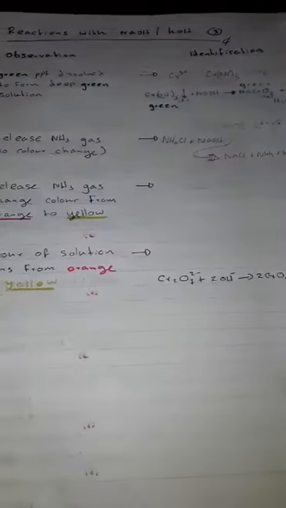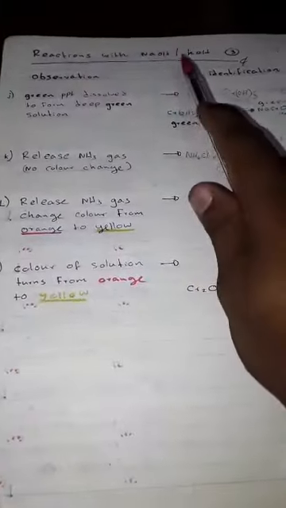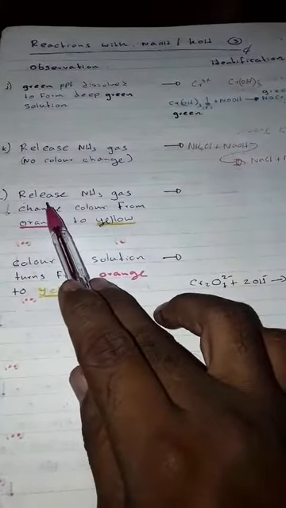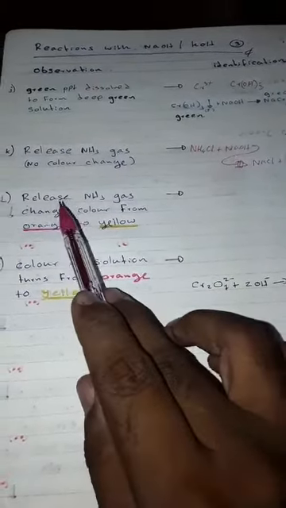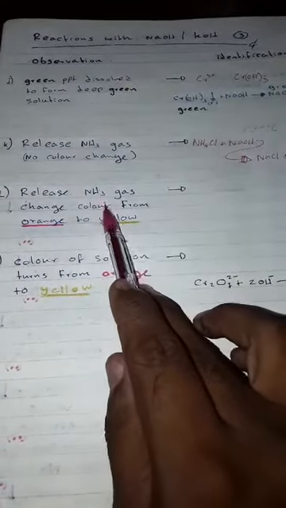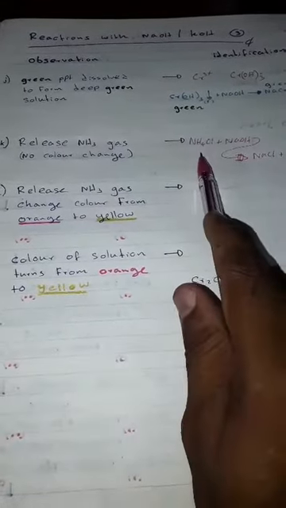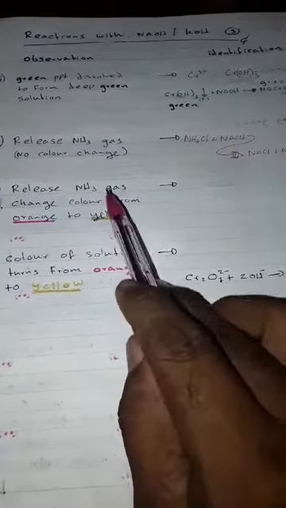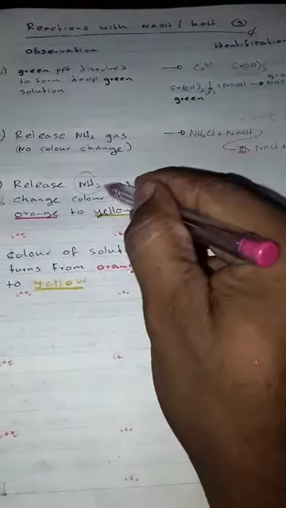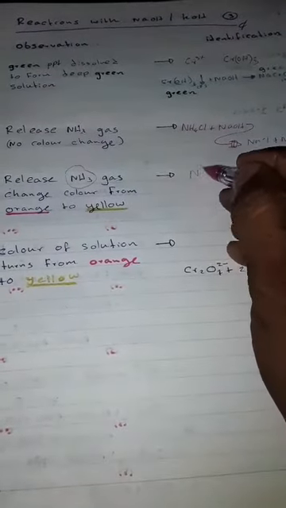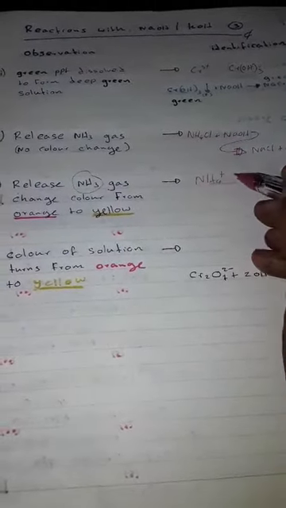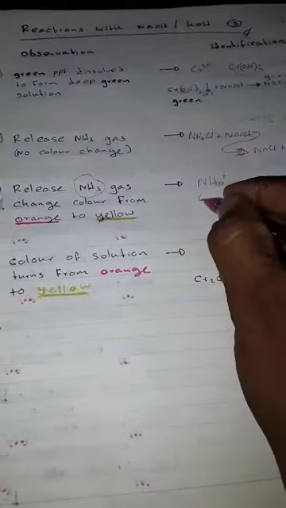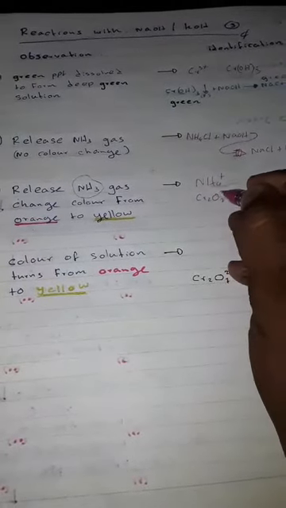Then the next one: when sodium hydroxide or potassium hydroxide reacts with some salt or solution, if it releases ammonia gas, that means definitely it contains ammonium ion, and if it changes the color from orange to yellow, that means it should contain Cr2O7 2-.